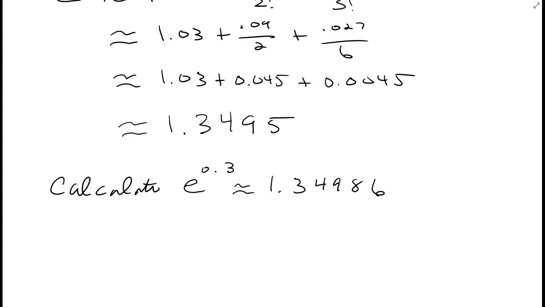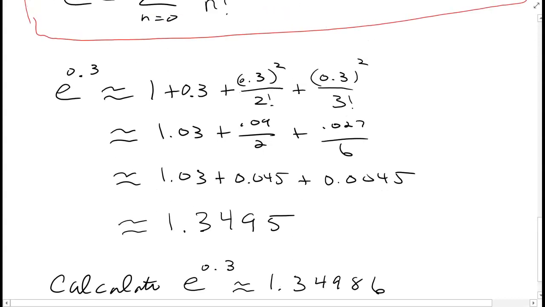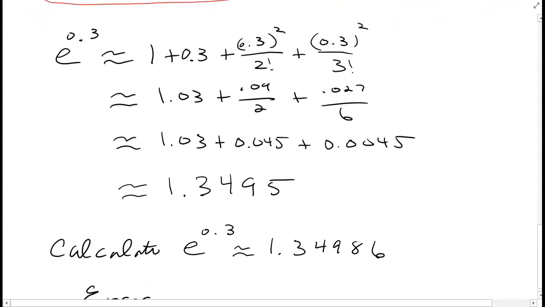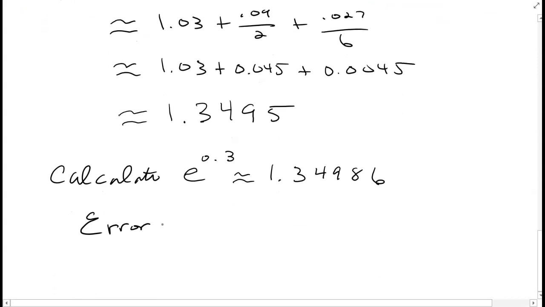Well, I can calculate the error here because I put it in a calculator to see what it is. You get an error anytime you use an estimate for something. So we're using a polynomial estimate. We only went to n equal 4. Your error would be less if you went further.